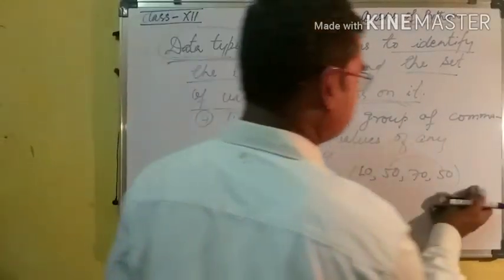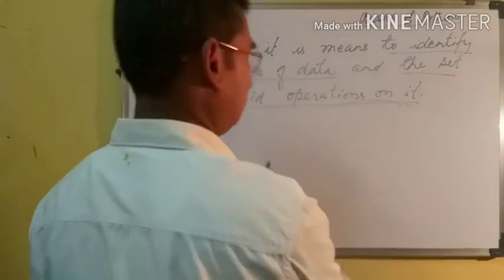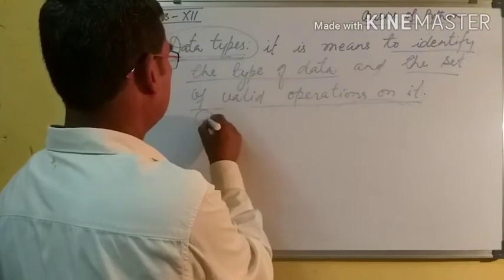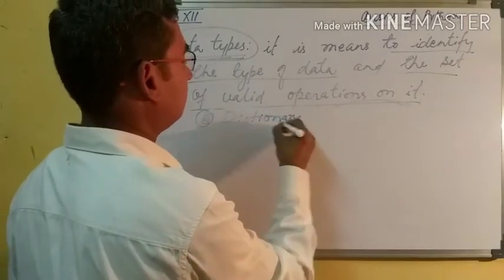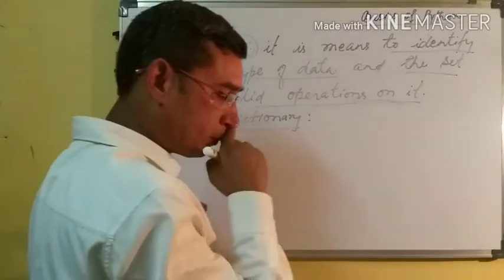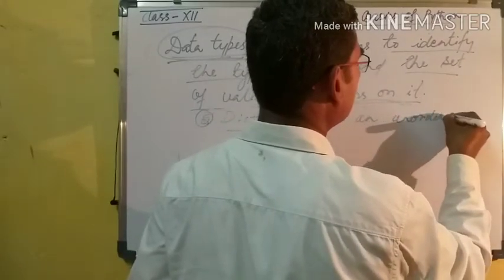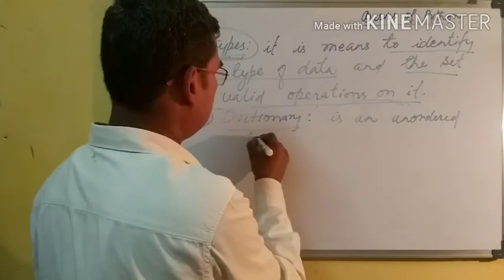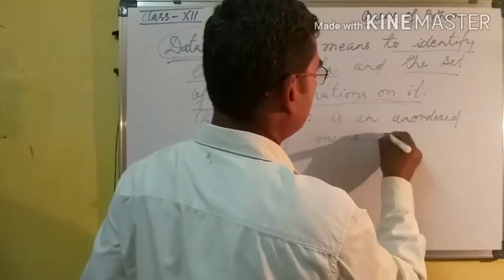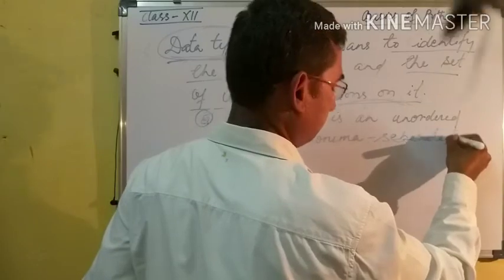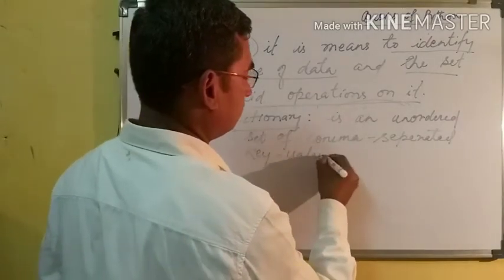Next one is dictionary. A dictionary is an unordered set of comma separated key value pairs.